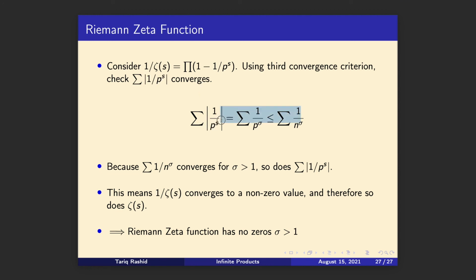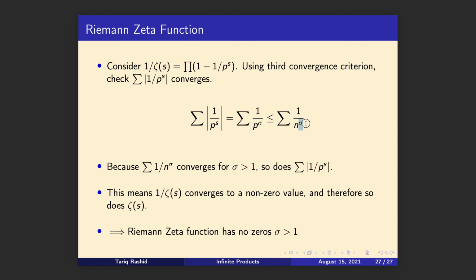So the sum of 1 over p to the s is, the magnitude there is 1 over p to the sigma, which is less than 1 over n to the sigma, and the only reason that's true is there's more n than p, so the primes are a subset of the integers, that's why it's less than. I know it says less than or equal to, but it's less than.